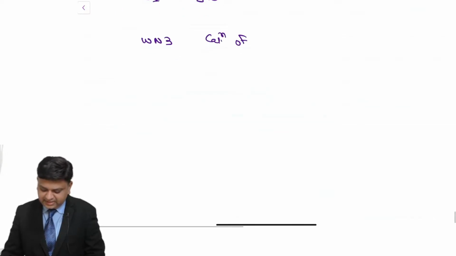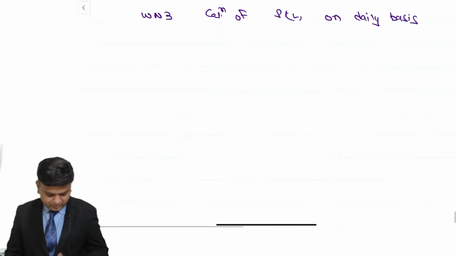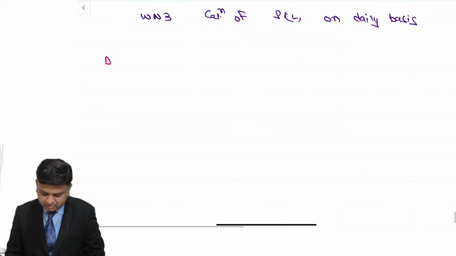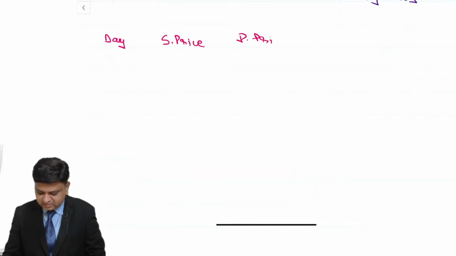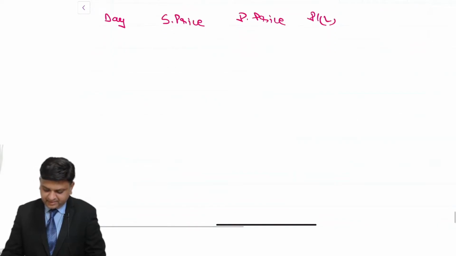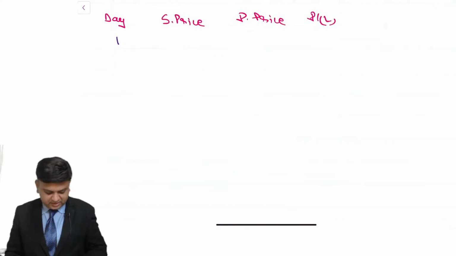Working note number 3, calculation of profit or loss on daily basis. So in that, column number 1 is day, column number 2 is sale price, column number 3 is purchase price, then profit or loss. At the end of the first day, the closing price is given as 9380.